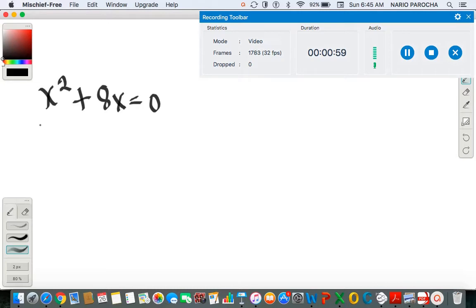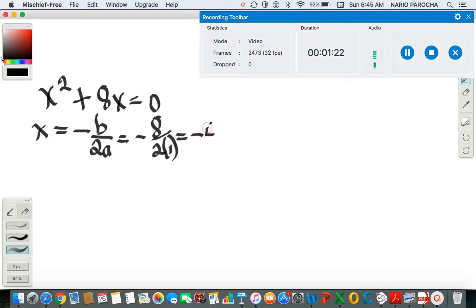With that I can right away get the axis of symmetry: negative b over 2a, don't forget that. Negative of 8 over 2 times 1. So my axis of symmetry is x is equal to negative 4.